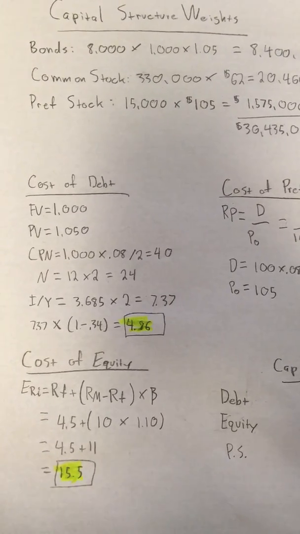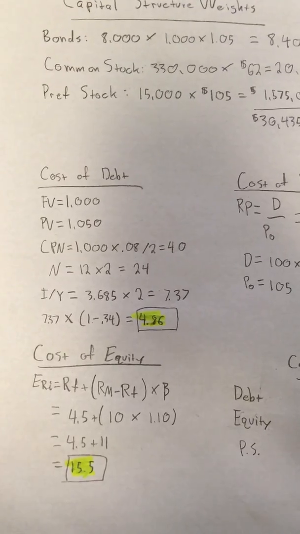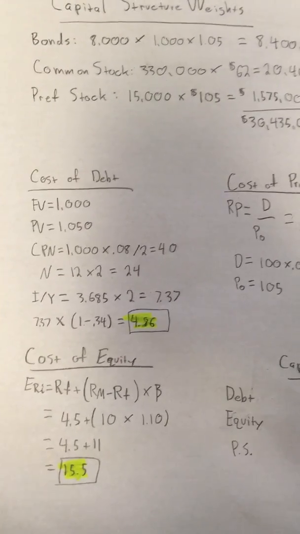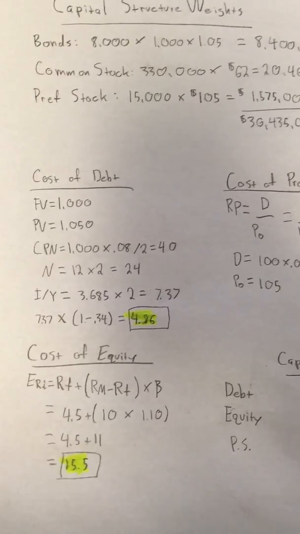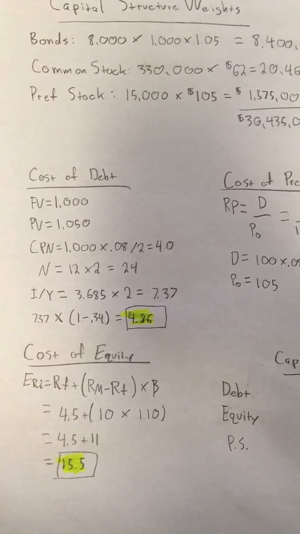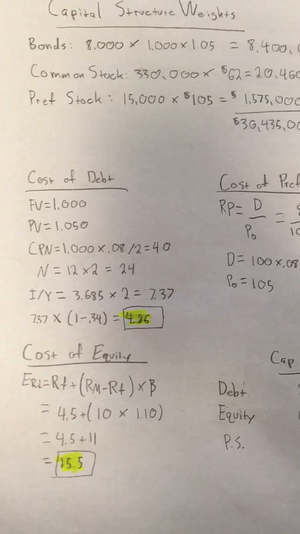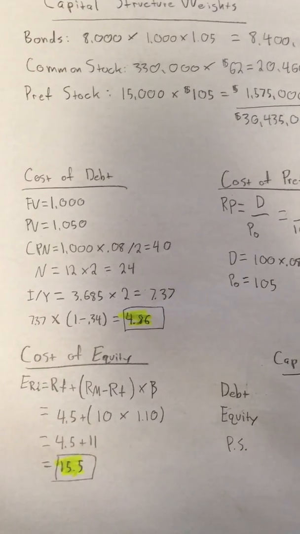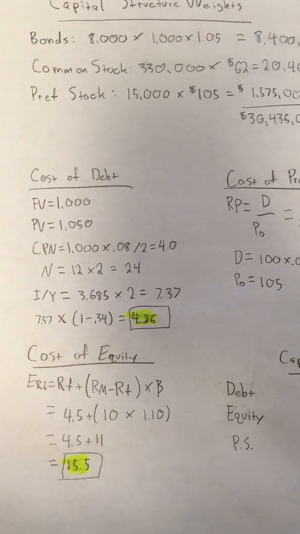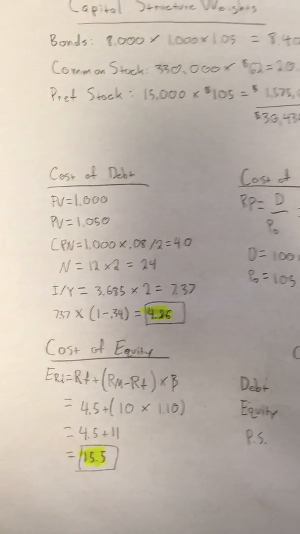N is 12 years times 2 because it compounds twice a year for 24 periods. You solve for I/Y, you get 3.685%. Annualize that, and you get a pre-tax cost of debt of 7.37%.